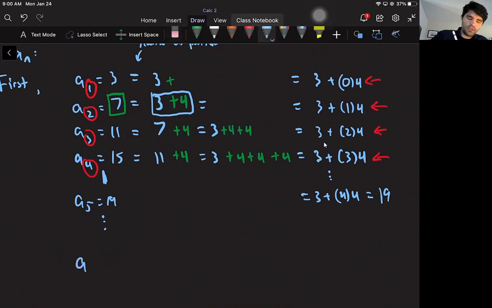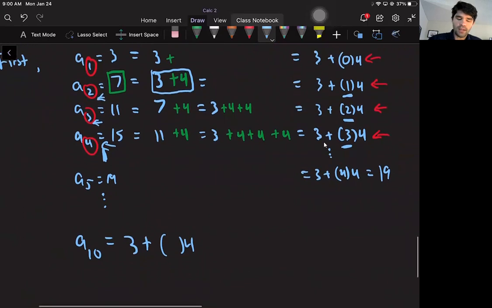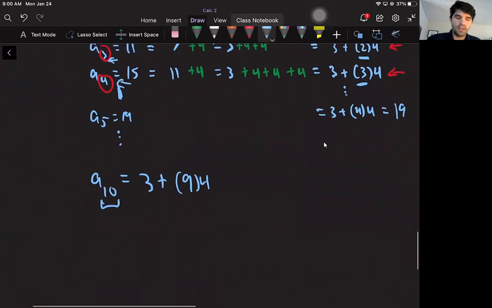You might think like, okay, let's just jump to 10. So then I'm going to be doing 3 plus how many 4s, because that's the pattern. Well, when I was doing A4, I added 3 4s. When I was doing A3, I was adding 2. When I was doing A2, I was adding 1. So I'm always adding 1 less than the index I'm on. So that's a 10. So this is going to be a 9 to get me A10.